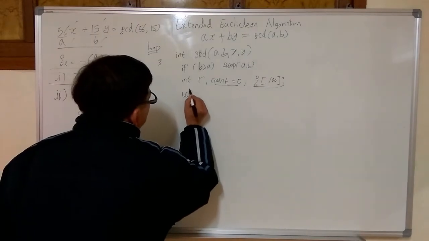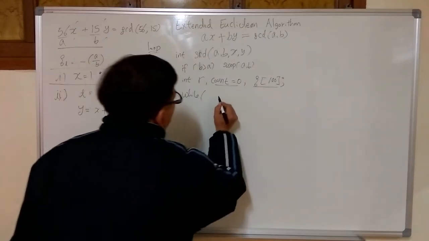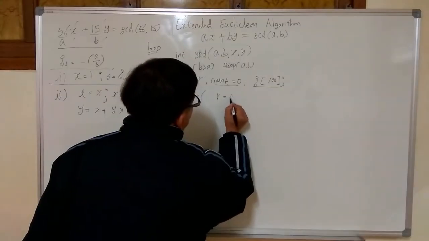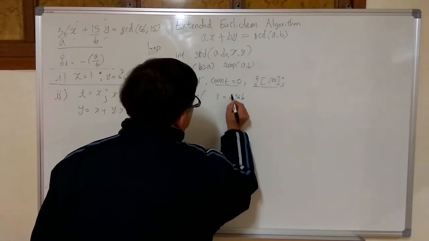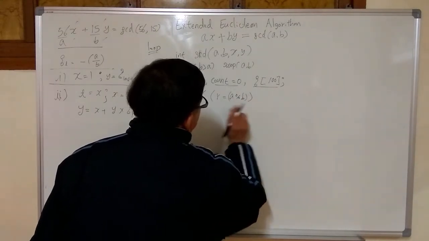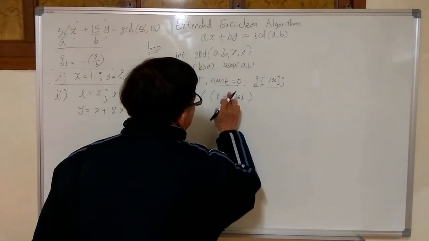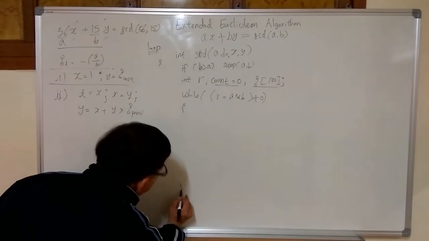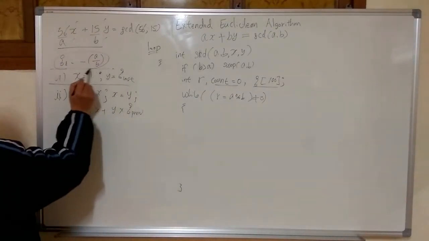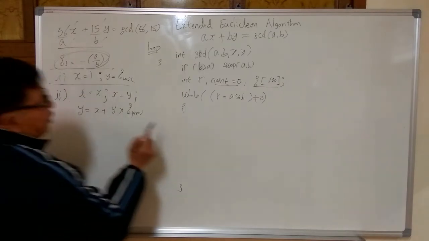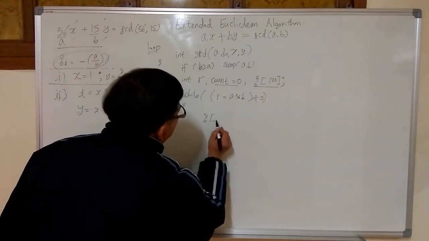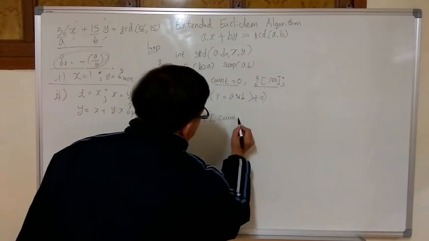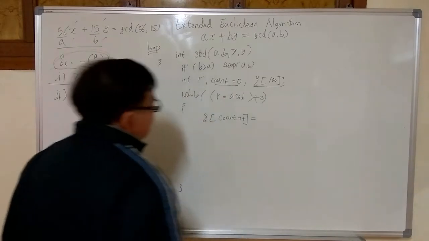Now, while R equals A modulo B, the remainder, is not 0, then here we set Q count, please remember, then we increase count like this.